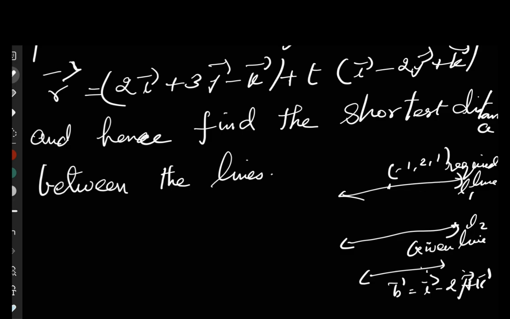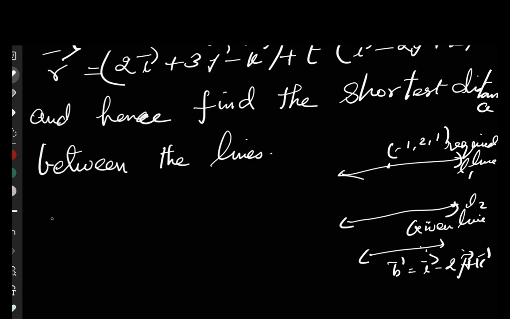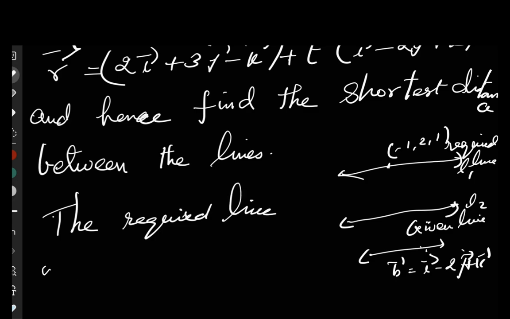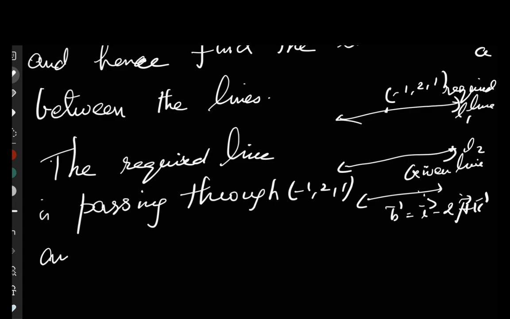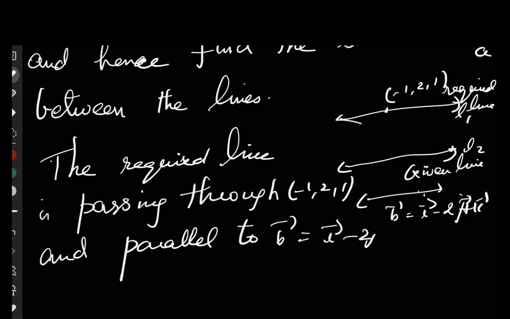So, for the parametric form, the required line is passing through (minus 1, 2, 1) and parallel to vector B, which is i minus 2j plus k.